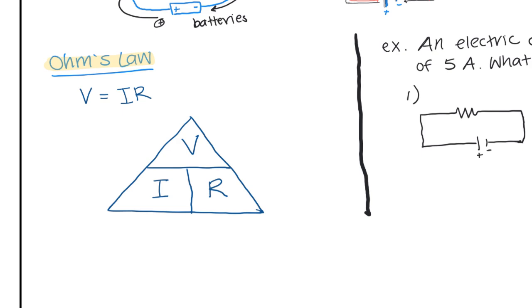This equation states that the voltage at any point in a circuit is going to be equal to the current at that point in the circuit multiplied by the resistance. So Ohm's law is V equals IR. That's kind of how we state that.